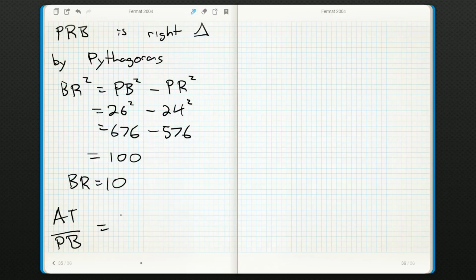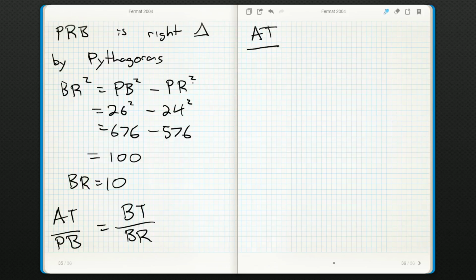Okay. So now AT over PB is the same as BT over, I'm just trying to remember the diagram. I know I wrote this out a second ago, but I have to think about the BR, the thing that we just solved for. So AT over PB is, oh, we don't want PB, we want PR. Right? Because they're both the altitudes.